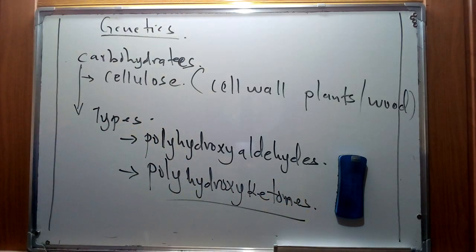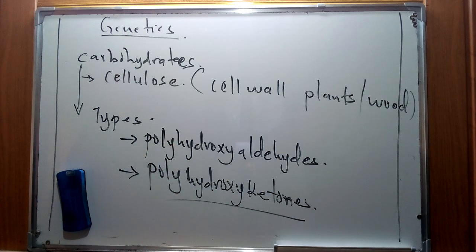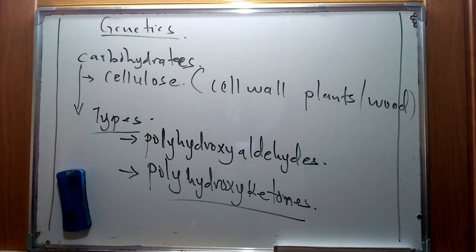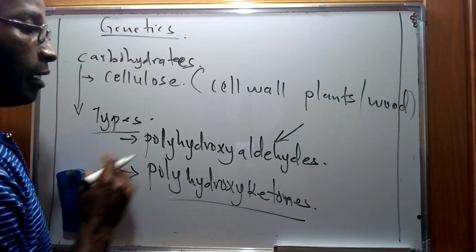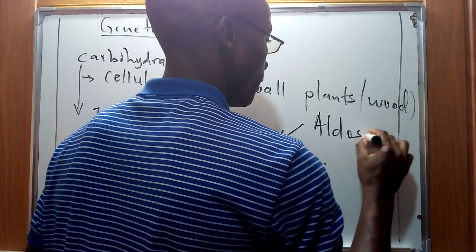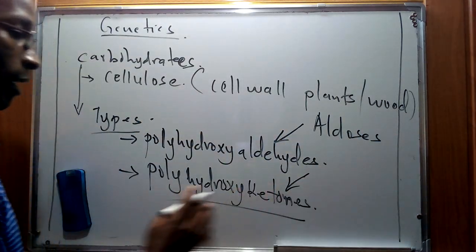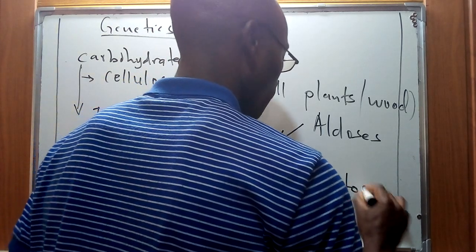From this sense, we said that we can have a different naming system for these two basic types of carbohydrates. The ones which are derived from the polyhydroxy aldehydes are known as aldoses, and the other ones which are derived from the polyhydroxy ketones are known as ketoses.